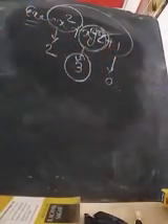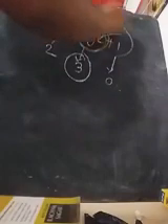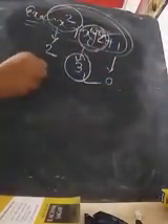In your mind, you have to think that this is also x, this is also x, this is also x. So what will be its power? 1 plus 1 plus 1, 3. Its power is 3. So the degree of this polynomial is 3.